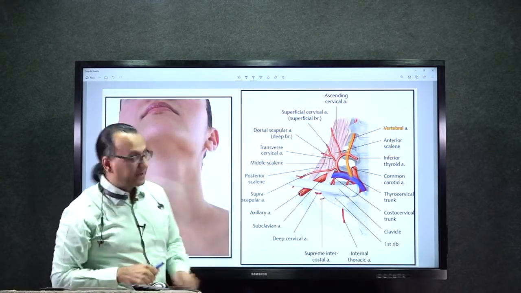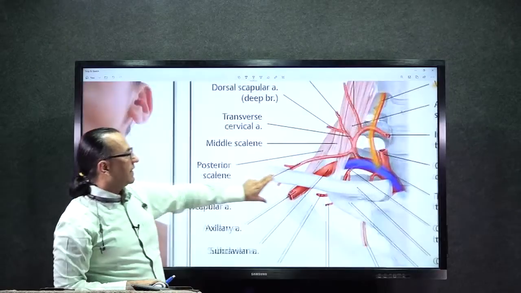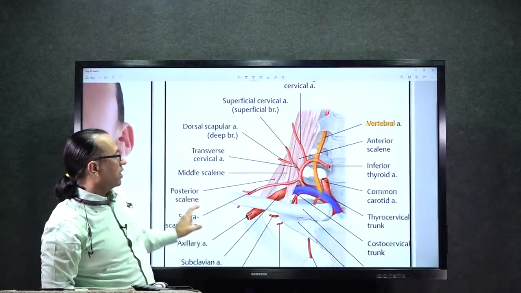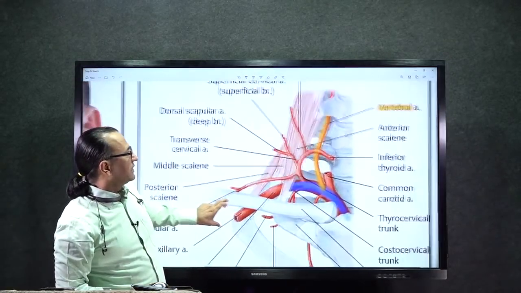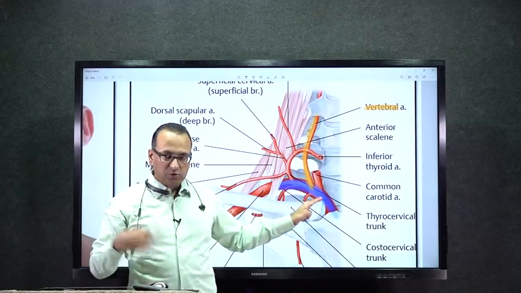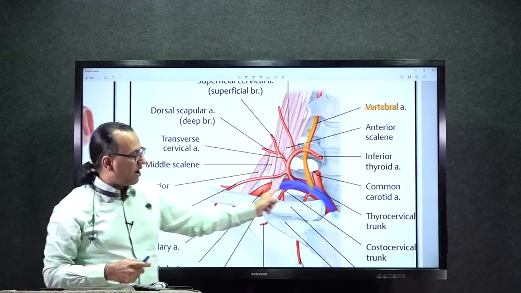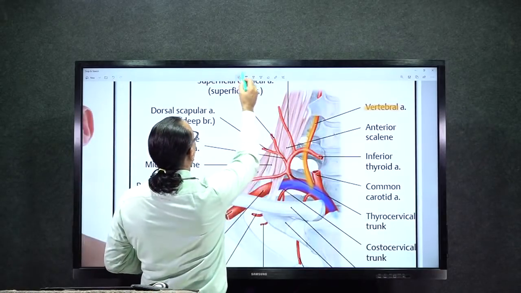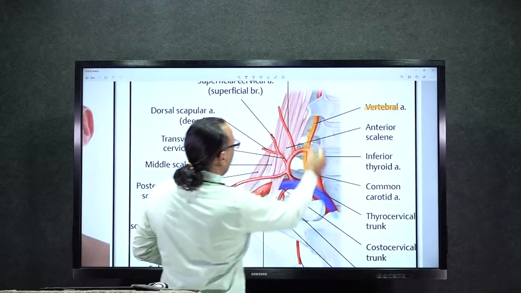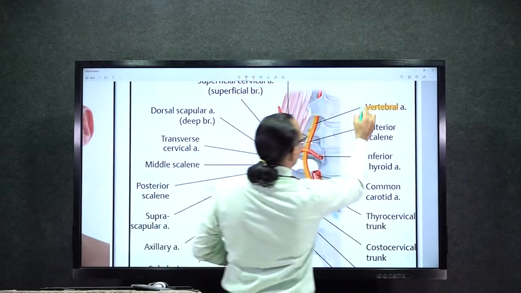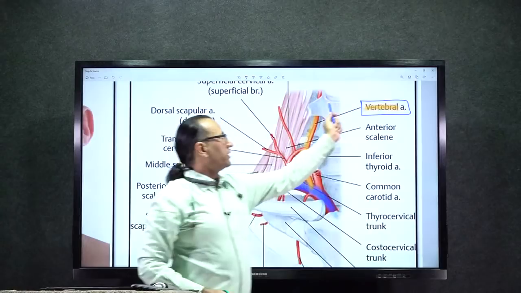Let me zoom this area a little bit now, and as you see, we are looking at one artery which is proximal to the muscle, scalenus anterior muscle. So first part of subclavian artery, and it is giving one branch which is going upward here, and that is the vertebral artery going towards the circle of Willis.